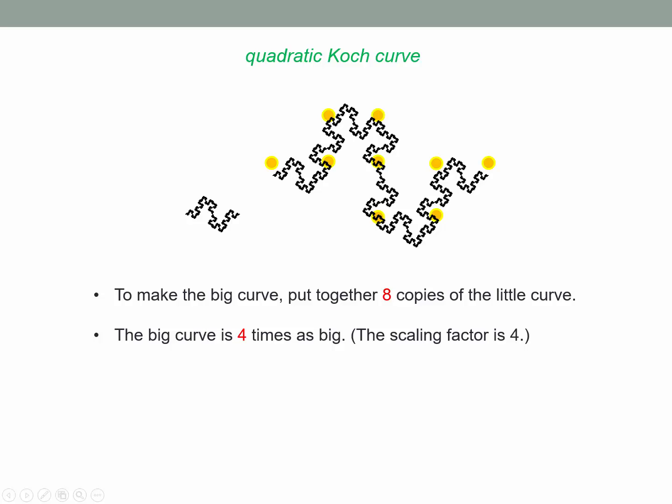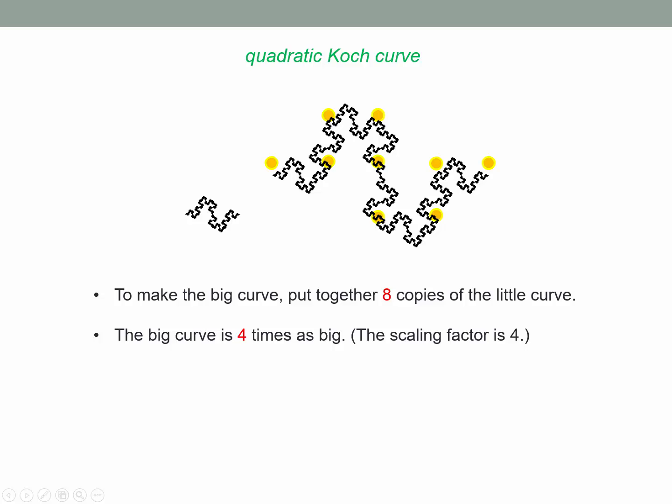But those yellow dots are almost where I want, and they're good enough to show you how those 8 smaller pieces are laid out so as to make the bigger copy, the bigger Koch curve. In fact, the answer is 8. If you take 8 of those small pieces and arrange them as I've shown you here, you get the big piece. Okay, so to make the big curve, put together 8 copies of the little curve.